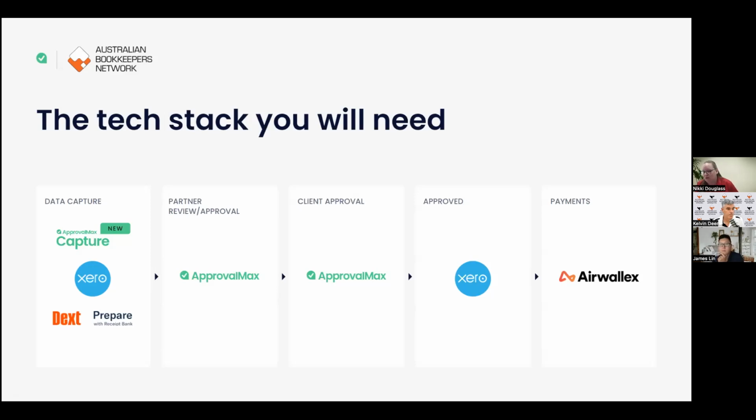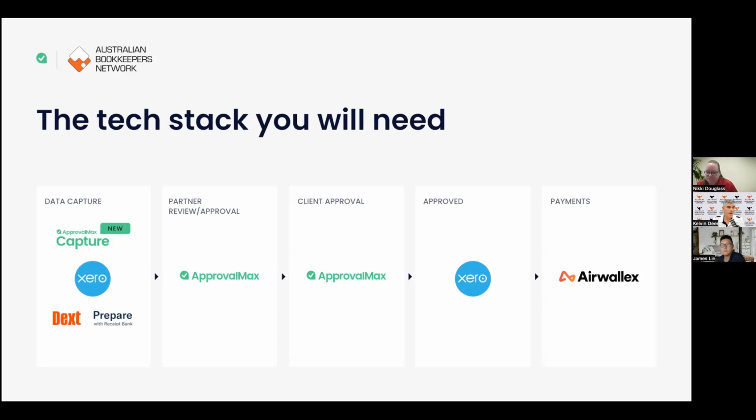They might still do the batch payment, or you might provide the ABA file, or use something like Airwallex. There's lots of different ways to physically get the bills paid, but for us, it's capture, approval, finance system.